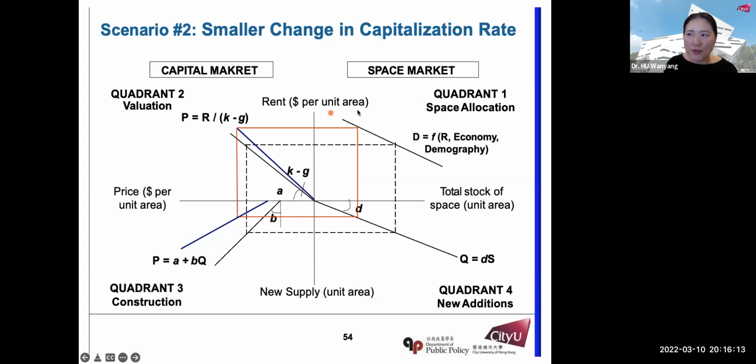But when the rent increases in the next or subsequent cycle, the extent to which the price change affects new supply will be different. So that's why we have a different equilibrium.